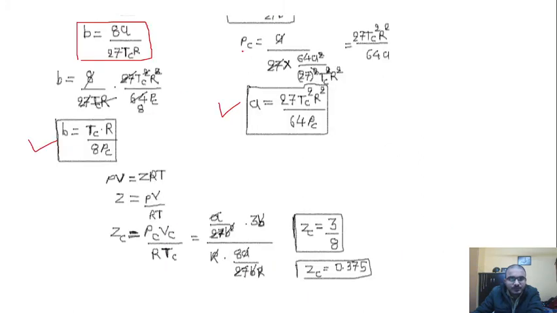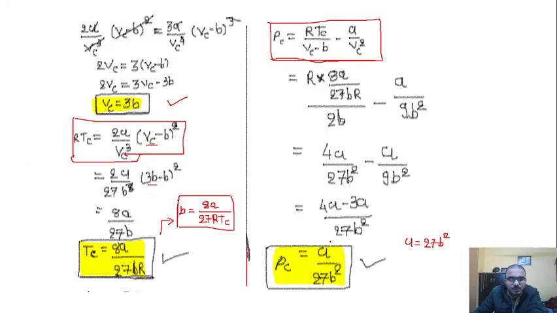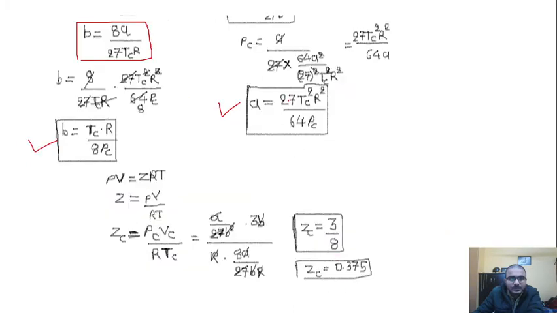And here, PC is equal to a upon 27 b square. Instead of b square we have put this value.